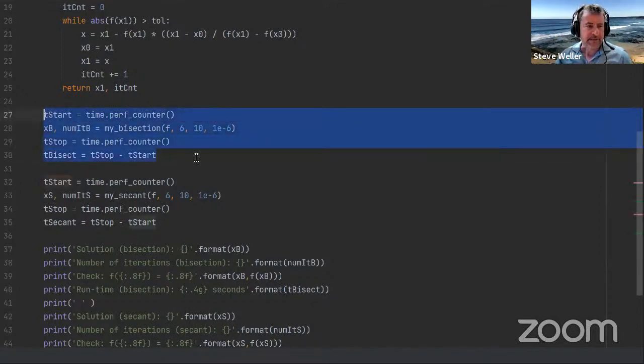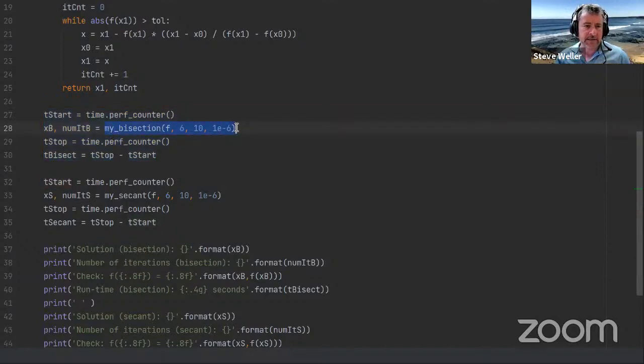And here are the 4 lines of code using the pattern that you just saw on the slide. If we want to take how long it takes to run the bisection algorithm, we calculate what the start time is. We run the algorithm in the form of a call to the my bisection function. Then we call the performance counter again, and we look at the difference between the start and stop time.